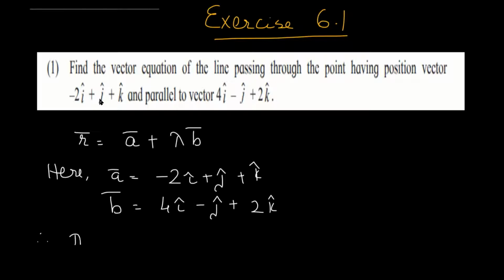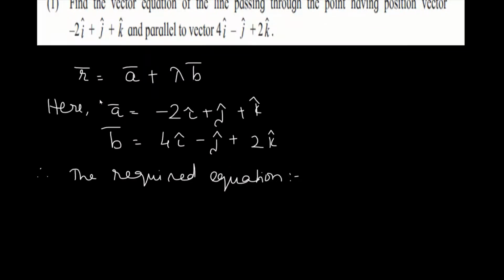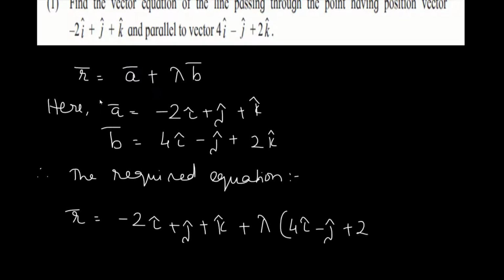And therefore the required equation can be written this way, that is R is equal to the first vector minus 2i plus j plus k plus lambda into the second vector. So this is the first sum.